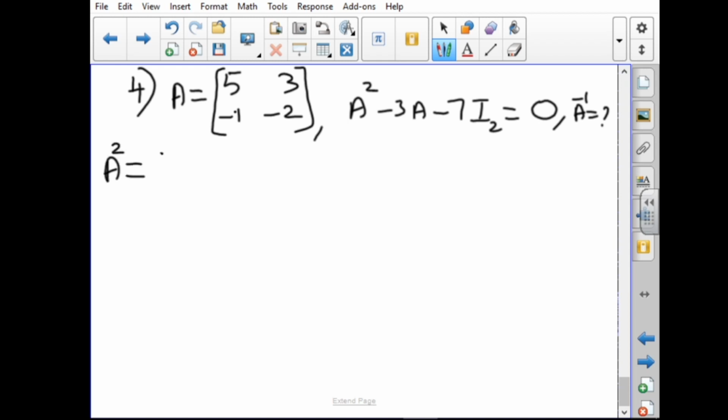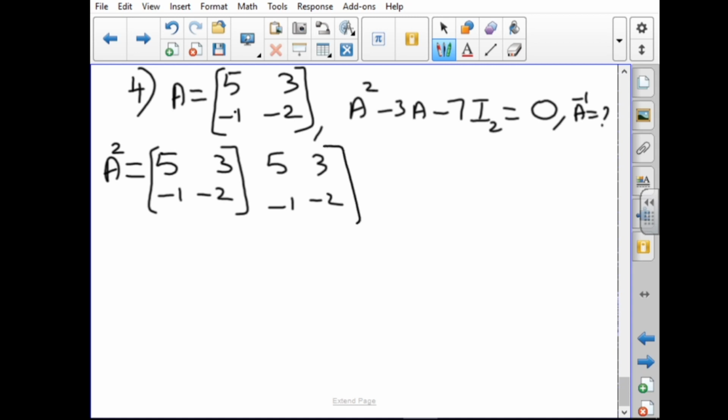So we will find A square. A square is A into A. So 5 3 minus 1 minus 2 into 5 3 minus 1 minus 2. So you know how to multiply two matrices. We must take it by row and column. So row and column we multiply.